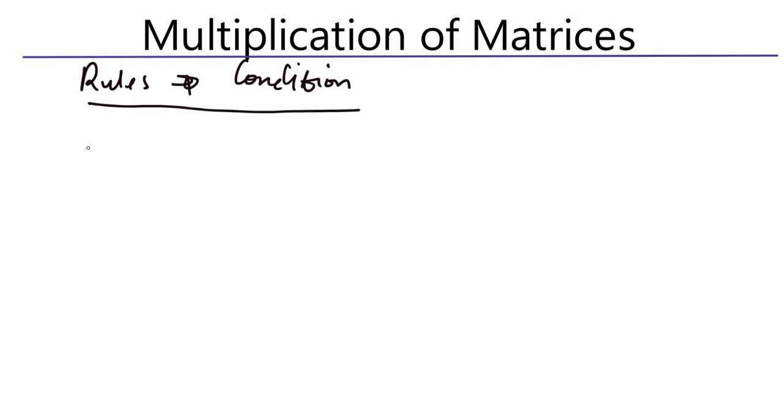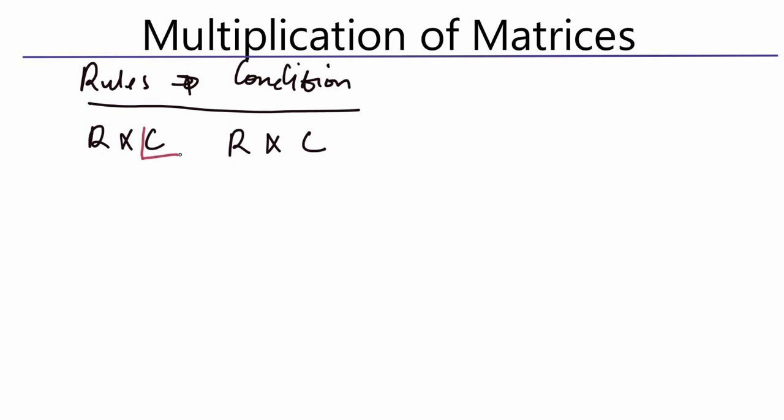So number one, normally from our previous videos, we said a matrix can be defined by the rank, or the row by the column. Therefore, when multiplying two matrices, you have to confirm whether the column of the first matrix is similar to the row of the second matrix.